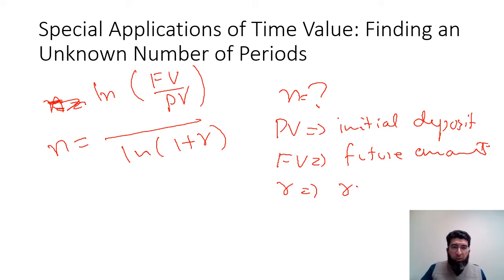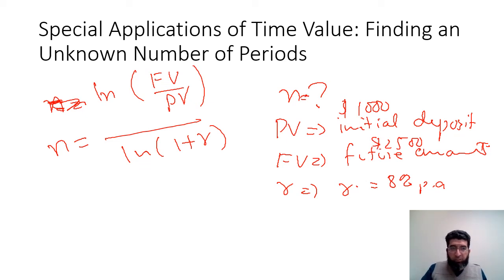For instance, there is a $1,000 deposit earning 8% per annum, and the future value would be $2,500. How many years should it remain invested?